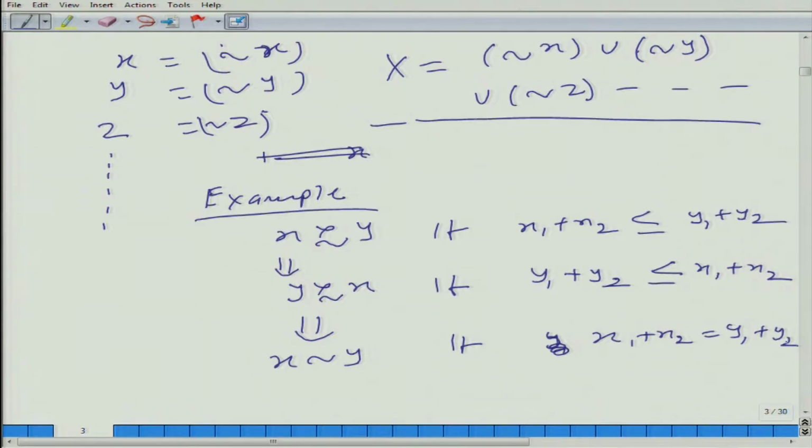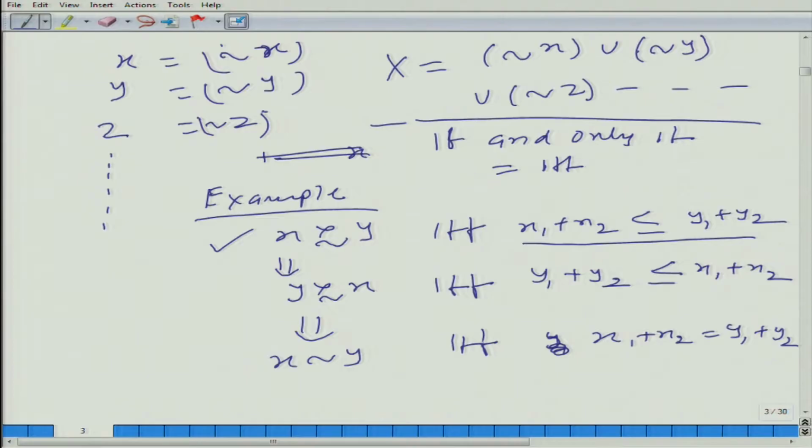Is it clear? Now, let me also say that if for that person, this statement is true, then x is at least as preferred as y. So, what we are basically talking about is not just if, but if and only if, and if and only if is written as iff in short. So, let me put one more if, fine.